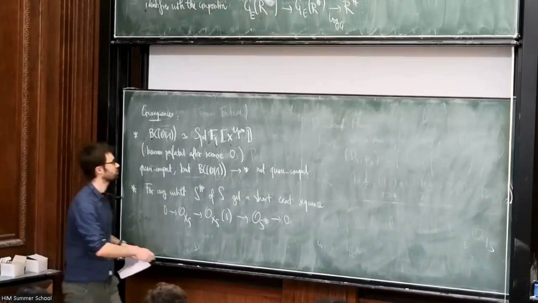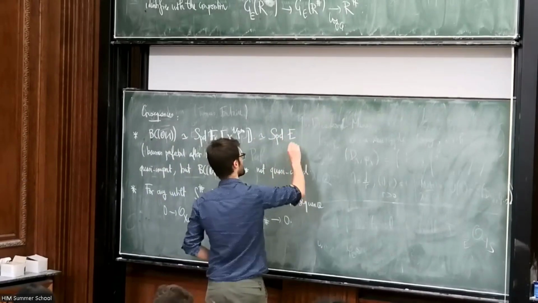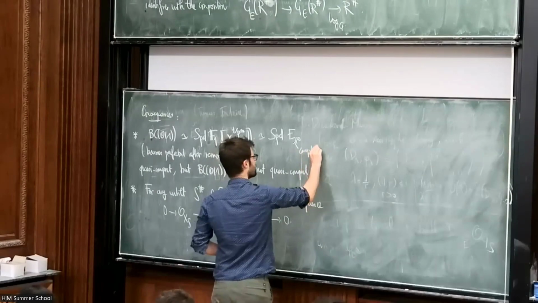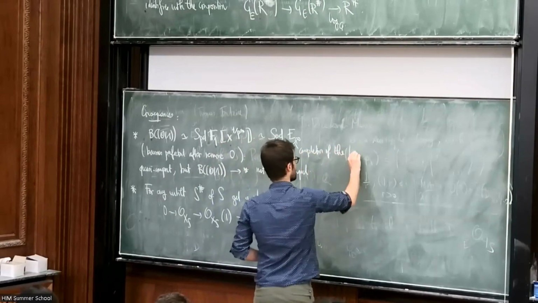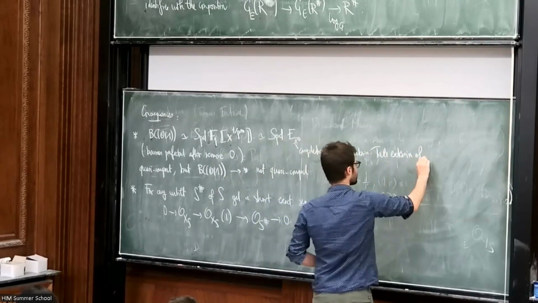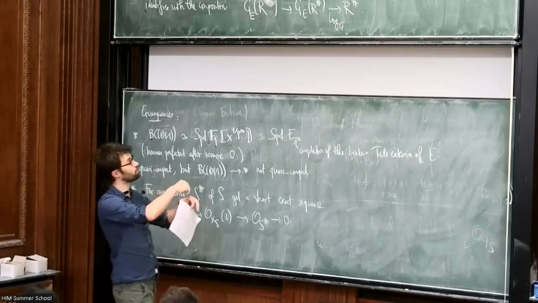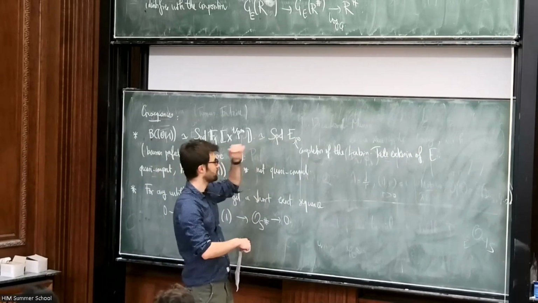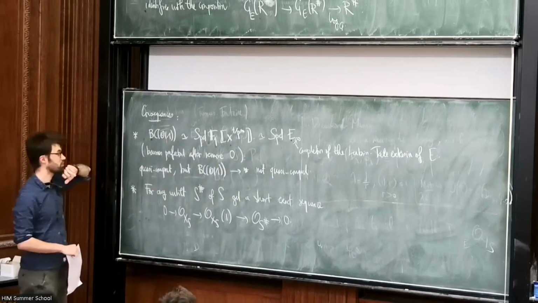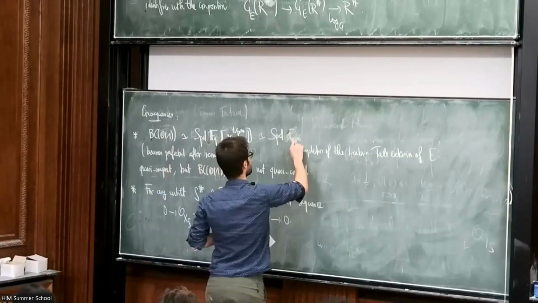So a better way to write this is to identify this with the diamond of the perfectoid fields that you get by looking at E infinity, which is the completion of the Lubin-Tate extension of E, which is the extension you get by adding all the p^n torsion elements, when n varies, to E. So this is a perfectoid field.